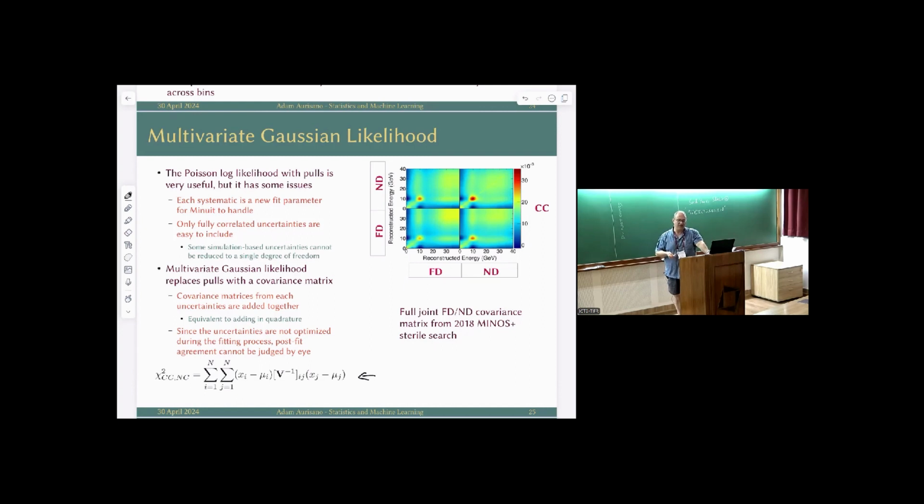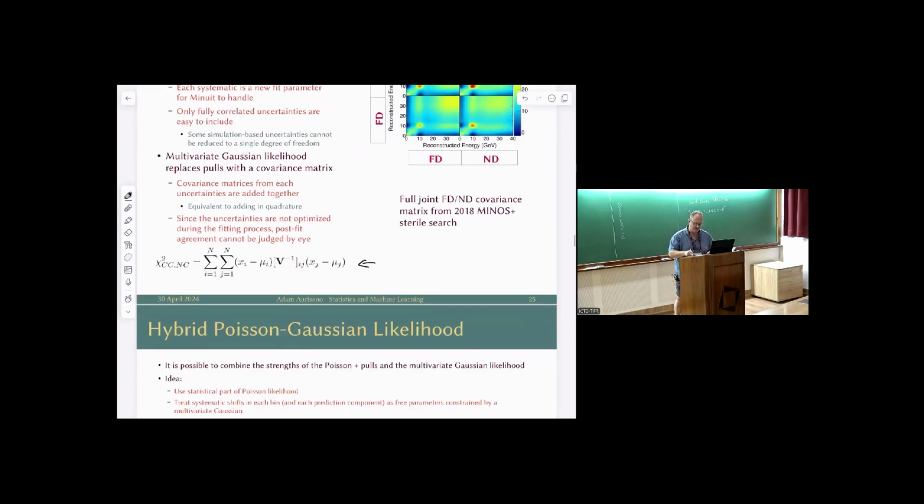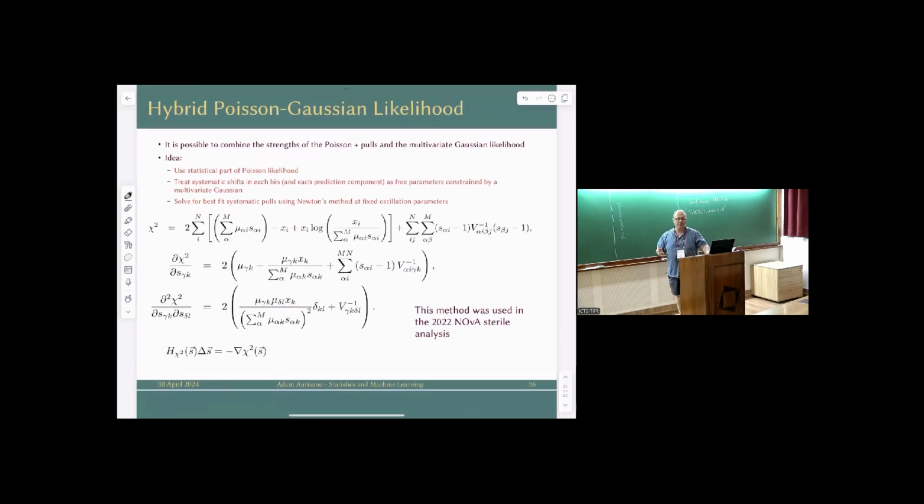But since the uncertainties aren't optimized at fit time, you can't judge post-fit agreement by eye. So that's one of the downfalls. And this is a far detector, near detector joint covariance matrix from the 2018 MINOS+ Daya Bay search that used this technique.